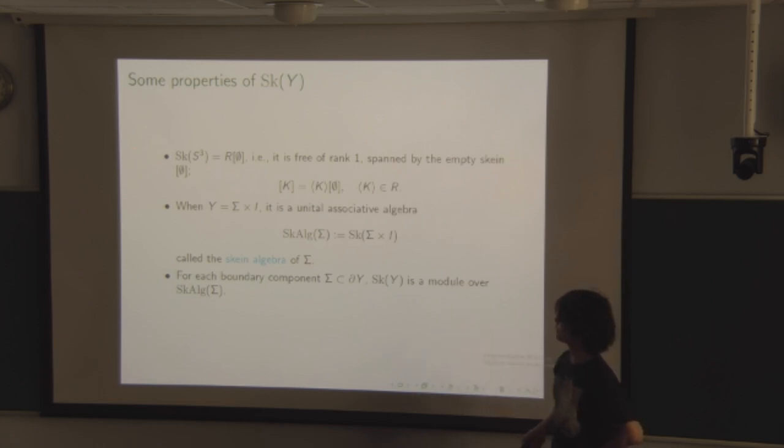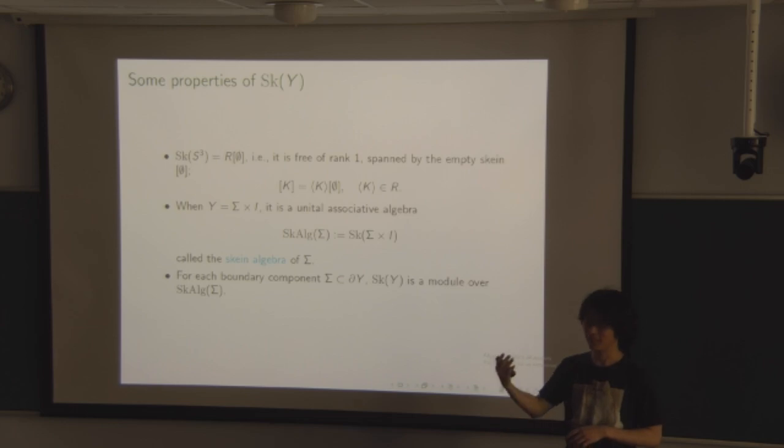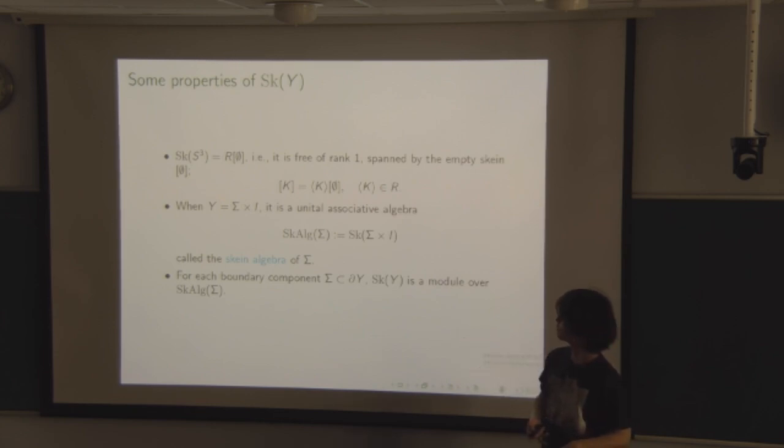The first basic property of the Kauffman bracket skein module is that the skein module of S3 is non-zero, and in particular, it's a free R module of rank 1 spanned by the empty skein, meaning any knot we have in S3, we can use the skein relations to express it as an empty knot times some number in the base ring R, and this number is also called the Kauffman bracket polynomial of the knot.